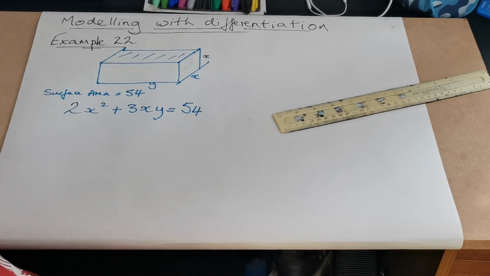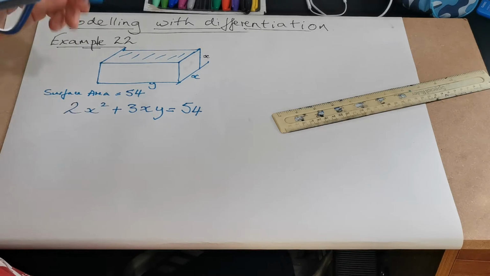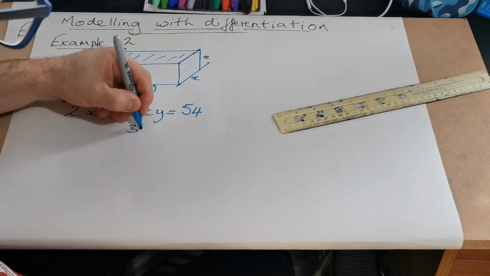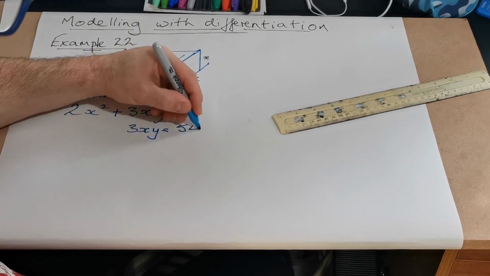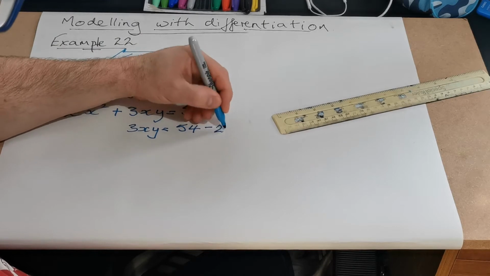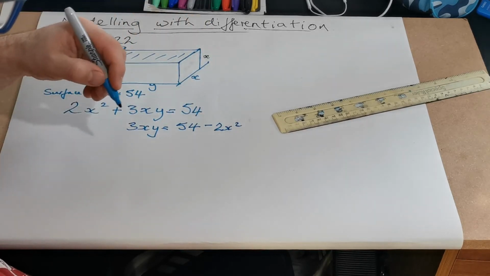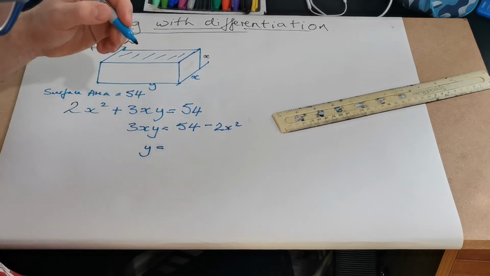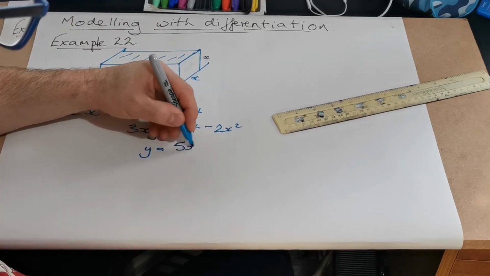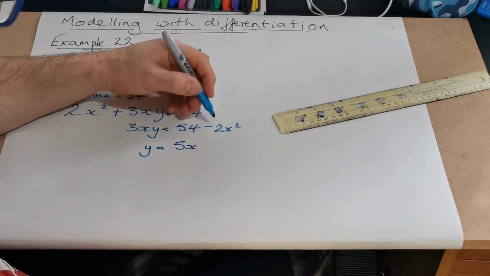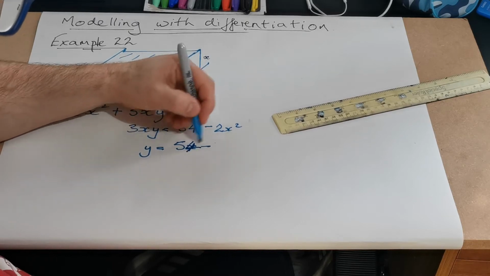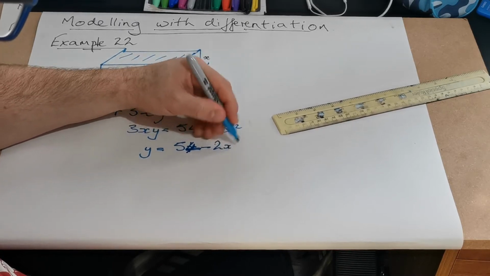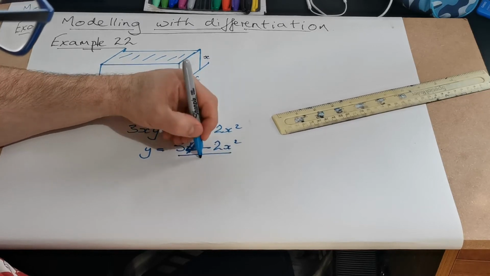So what I could really do with knowing is what y is. If I make y the subject of this, 3xy is equal to 54 minus 2x squared, and so y is equal to 54 minus 2x squared all over 3x.